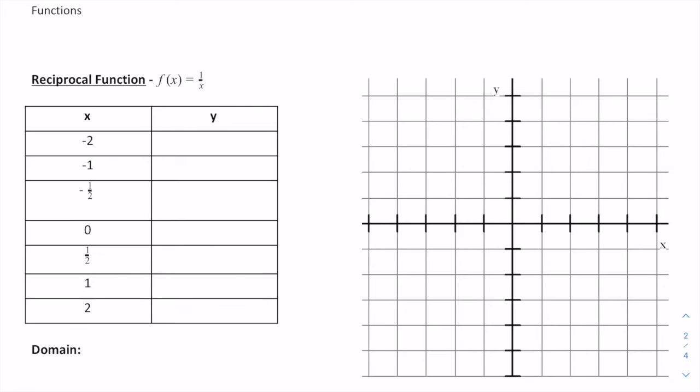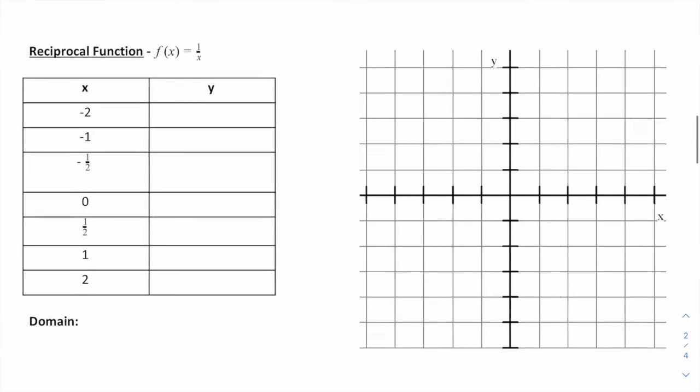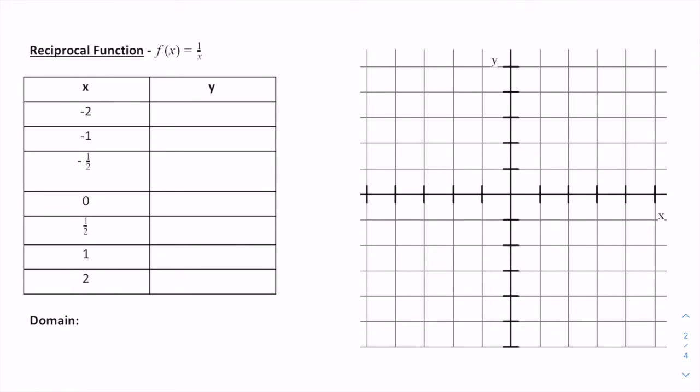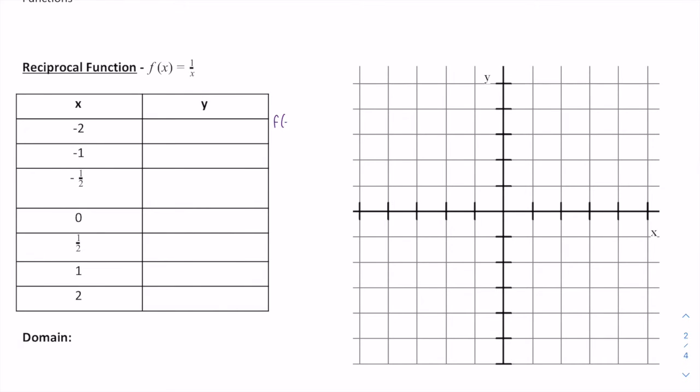Next, we will be looking at our reciprocal function. Again, we're going to start by filling in our table of values. For our first row, we have f(-2). That will just be 1 over -2, which is the same as -1/2. Then we have f(-1), which is just 1 over -1, which is -1.